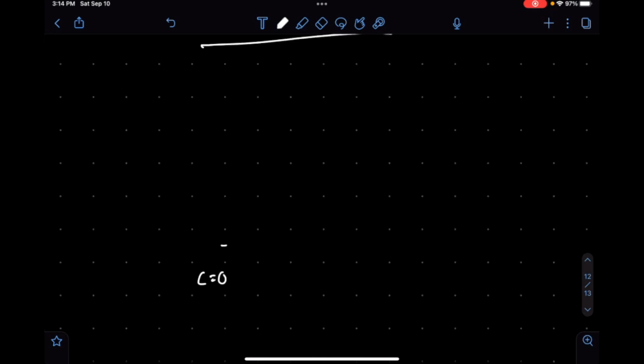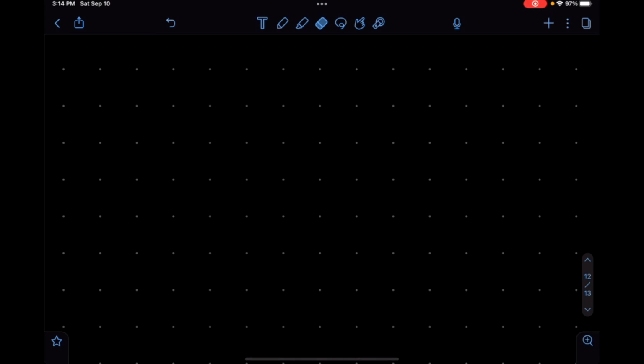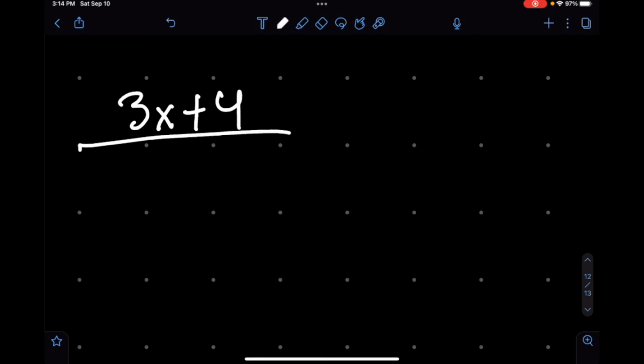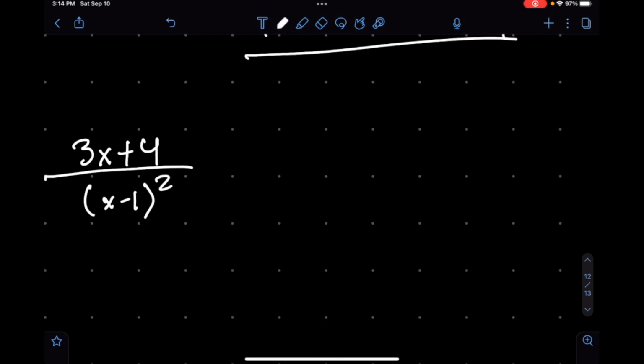There is one special case that you may need to be wary of. If you have a growing term, like let's say 3x plus 4 all over x minus 1 squared, when you separate it, you can't just do x minus 1, x minus 1.